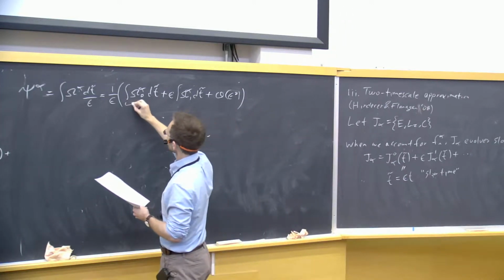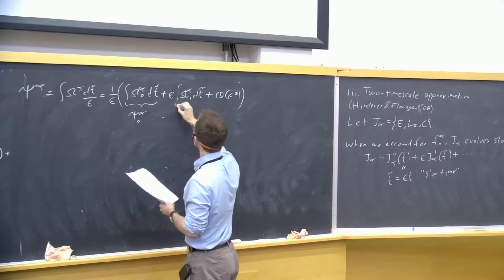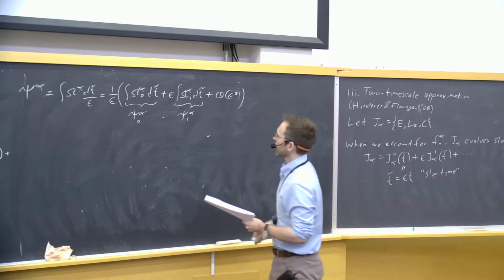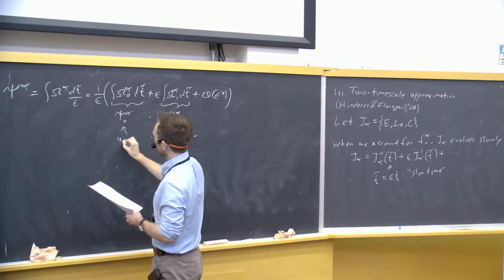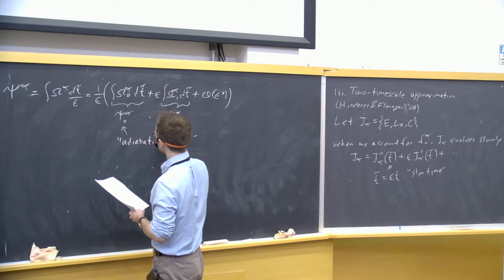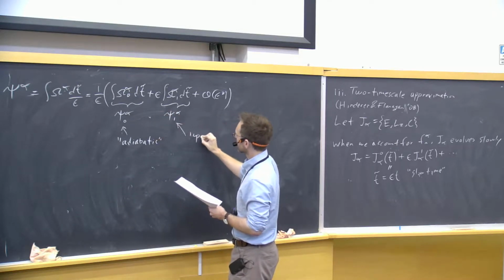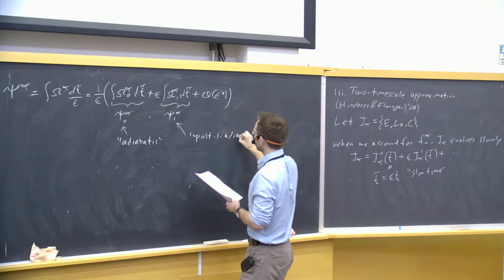So we can define this to be psi 0 of alpha and this to be psi 1 alpha. This is called adiabatic order. This is called post-adiabatic, or post-1 adiabatic.